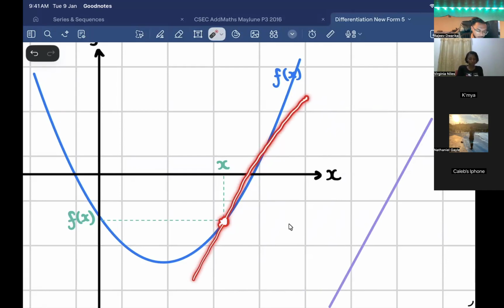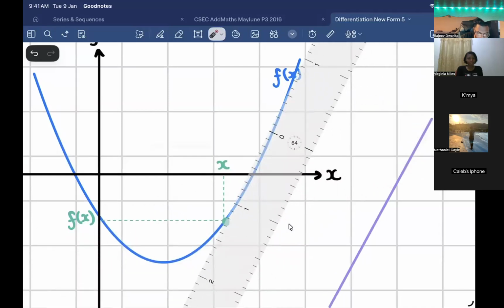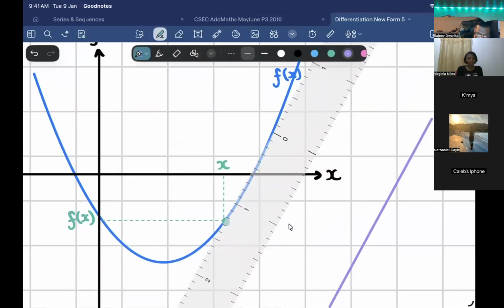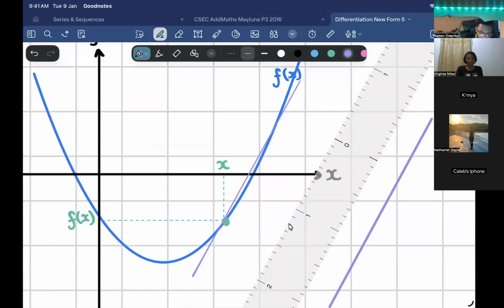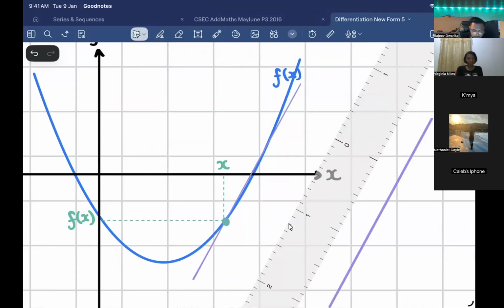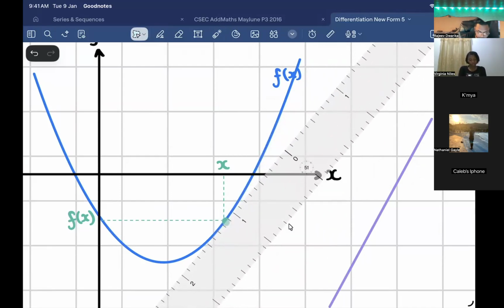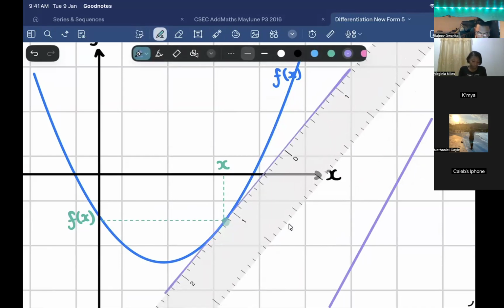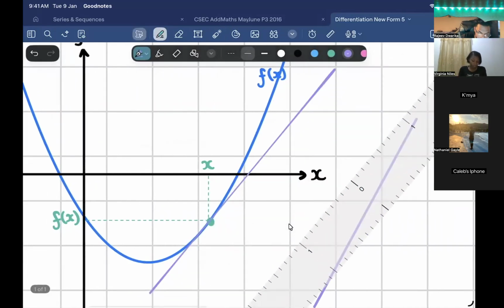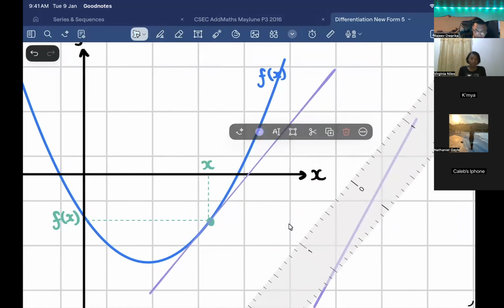No, the line has to be what to the point? Tangential. Yes. So it must only pass through this point. So that's the actual gradient. Are you with me, right?